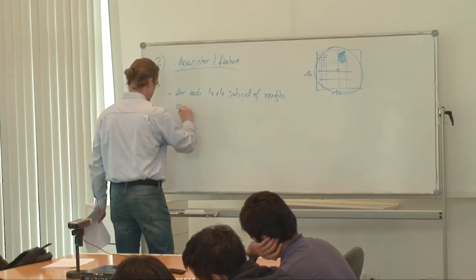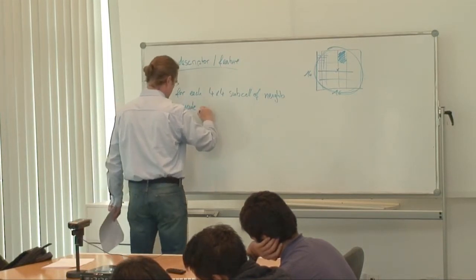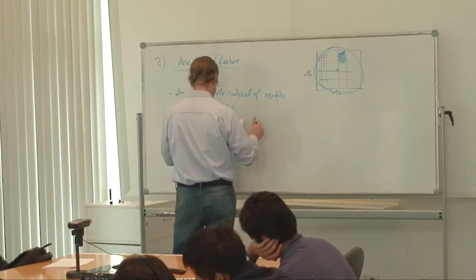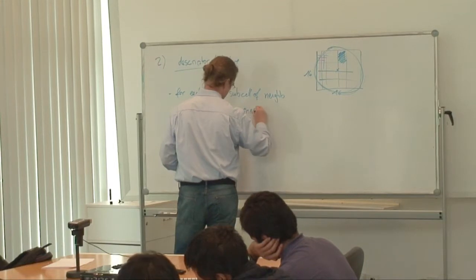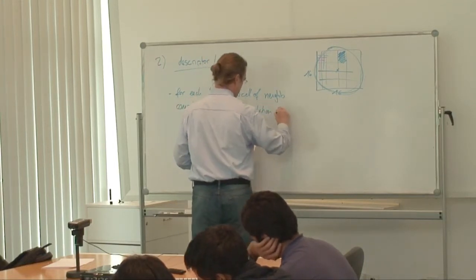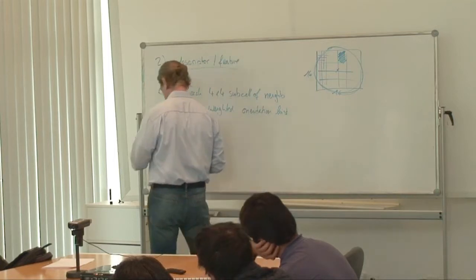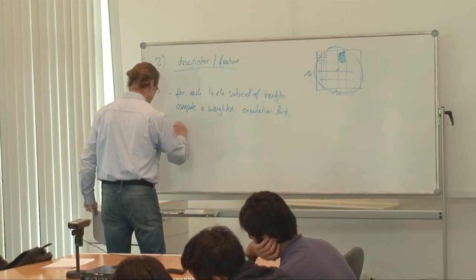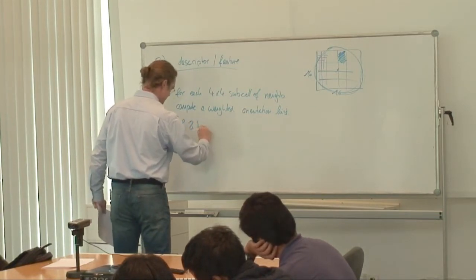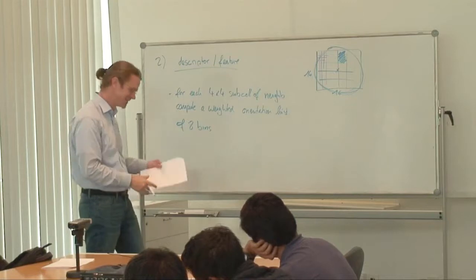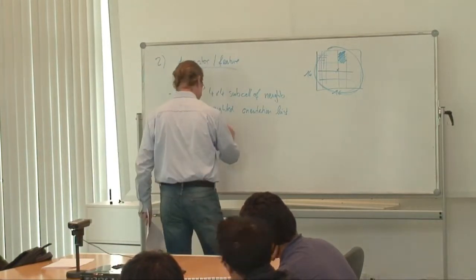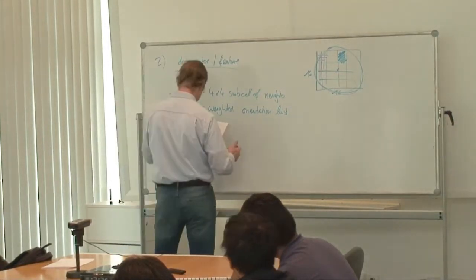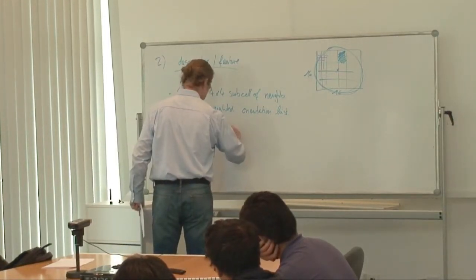We compute a weighted orientation histogram, just as in the previous step, of 8 bins. There you go. Of 8 bins, and normalize. It's horrible. I'll write it down as I have it here. And normalize it.